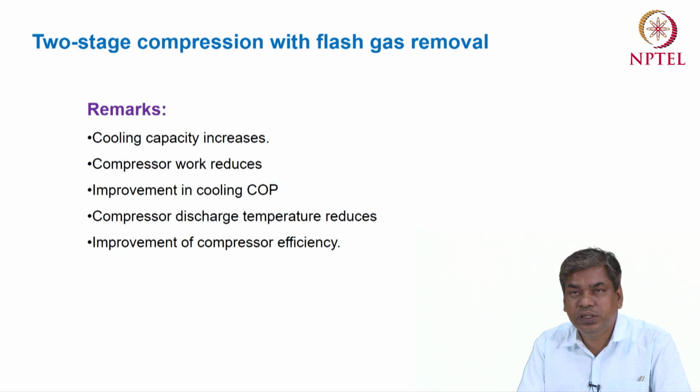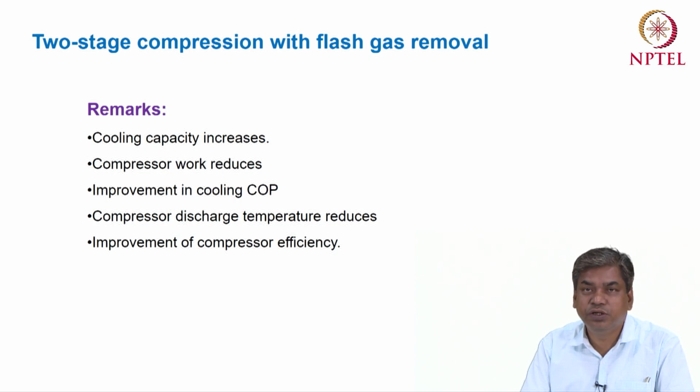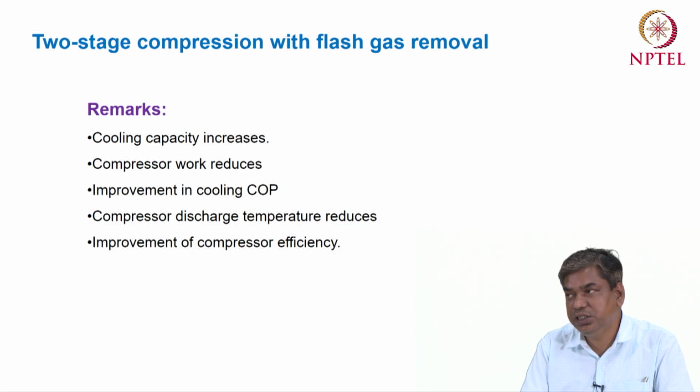The isentropic efficiency of the compressor depends on the pressure ratio: a higher pressure ratio gives a lower isentropic efficiency, so it decreases with the increase in pressure ratio.